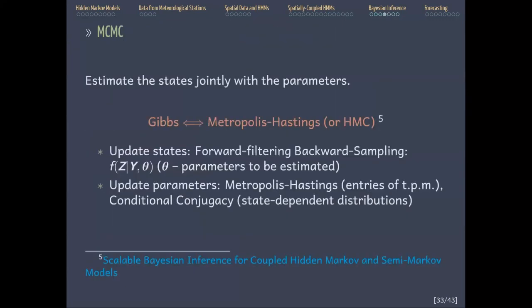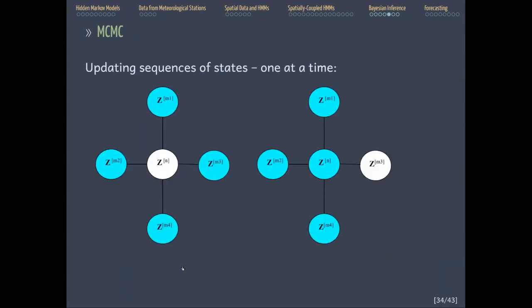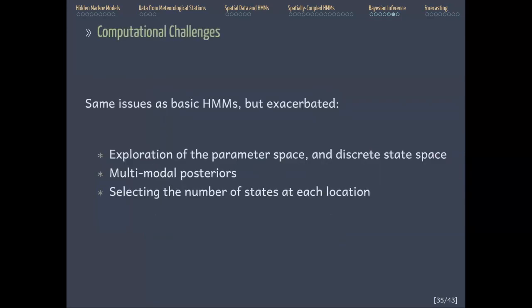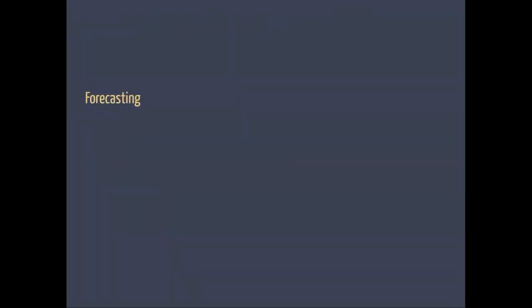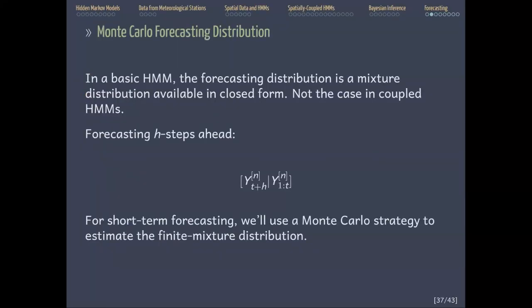It covers scalable Bayesian inference for coupled hidden Markov models. You can update sequences of states one at a time, and you have block structures you can exploit as well. There are always computational challenges with hidden Markov models, but that's, I guess, part of the fun. And so when we want to do forecasting, generally we'll do Monte Carlo forecasting.